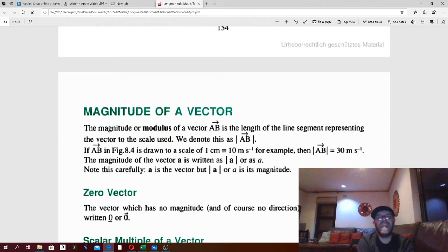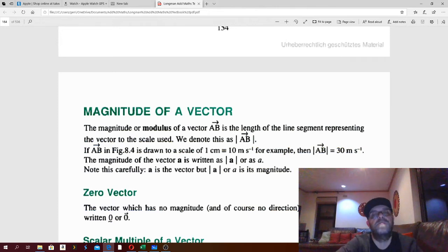You see, you can't get a negative size. There's no such thing. You can talk about things being negative numbers, but the size is still a value that is positive, okay? The word modulus in vectors also refers to the magnitude or the size of the vector.